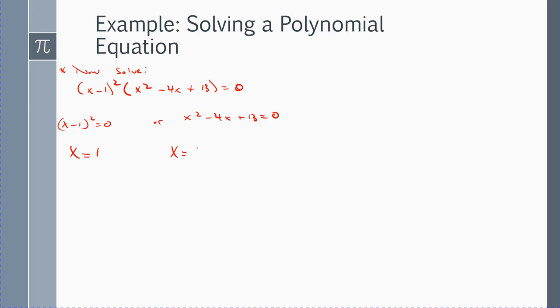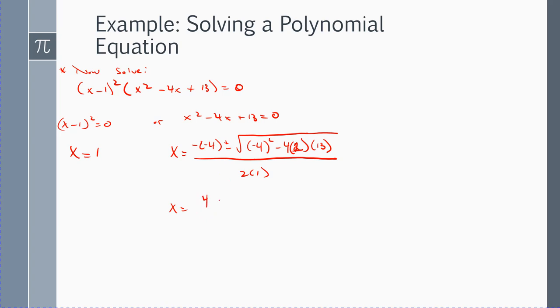So x is equal to negative b, so it's negative negative 4, plus or minus the square root of b squared, so negative 4 squared, minus 4 times a, which is 1, times c, which is 13, all over 2 times a, so 2 times 1. So this is x is equal to 4 plus or minus the square root.